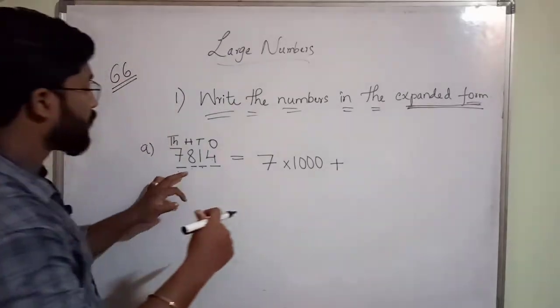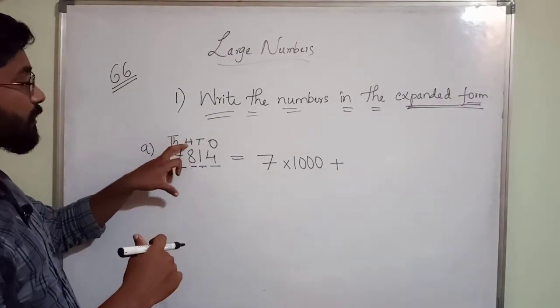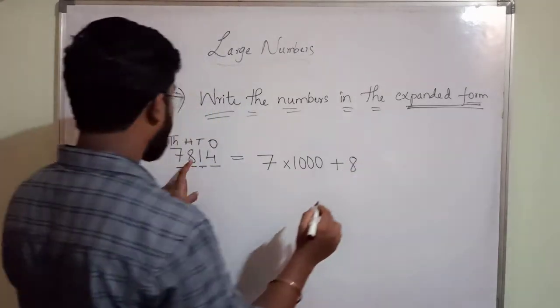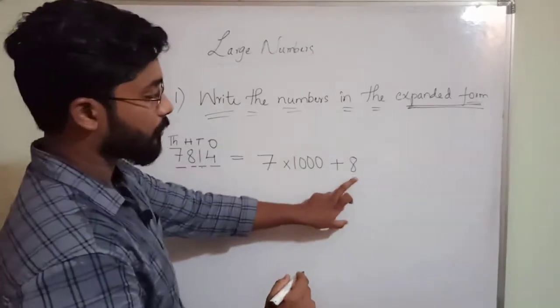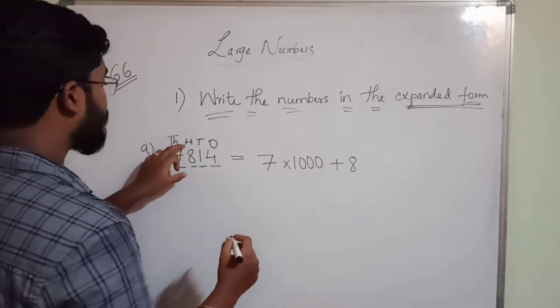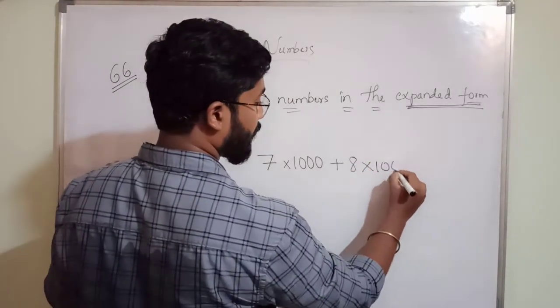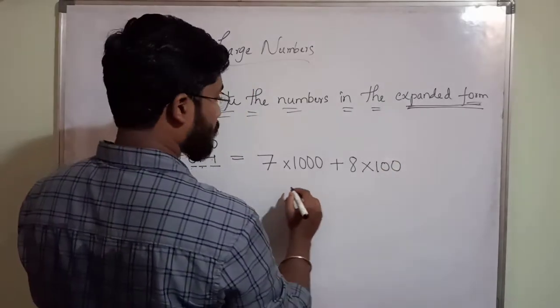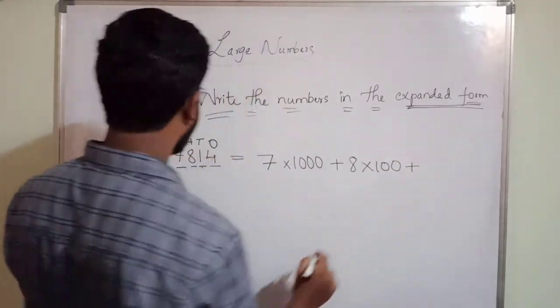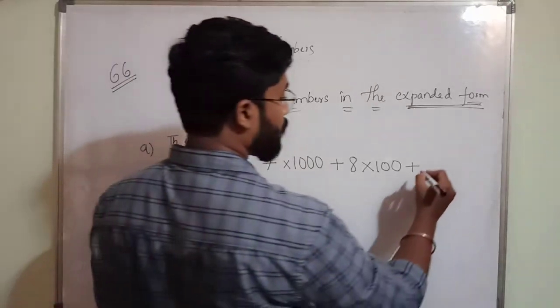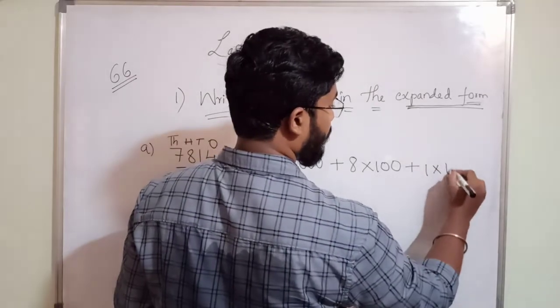Plus, 8 is in which place? Hundreds place. So put 8 here in hundreds place, multiplication into 100. Next one, plus 1 is in tens place, so 1 into 10.